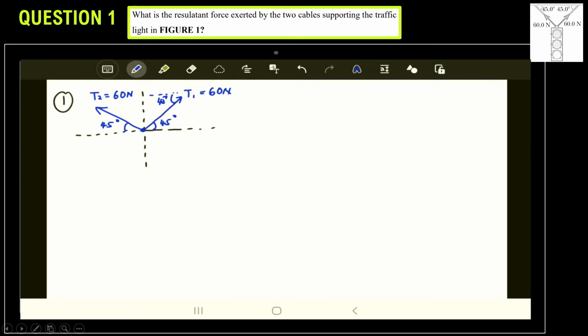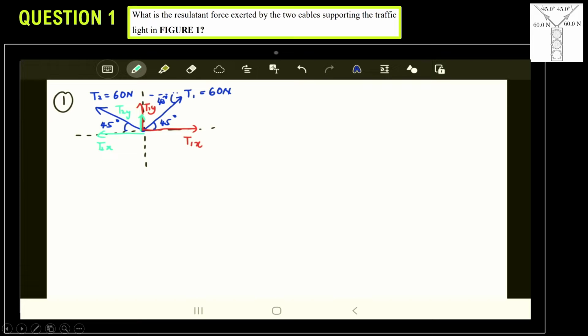Now what I'm going to do is resolve T1 and T2 into X and Y components. Here we have T1, so T1X, and this is T1Y. This is T2X, and this is T2Y.